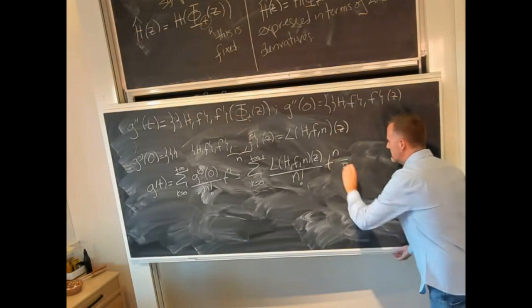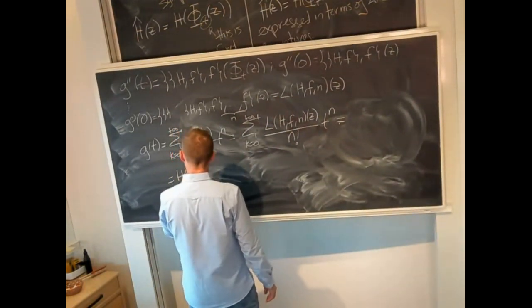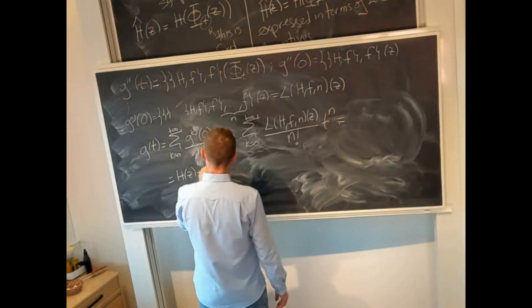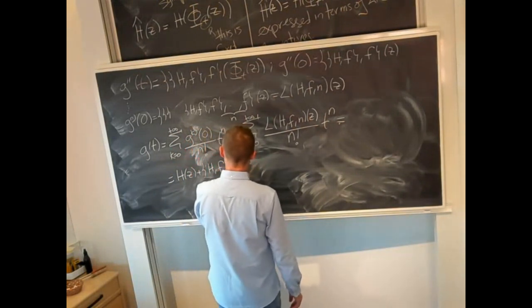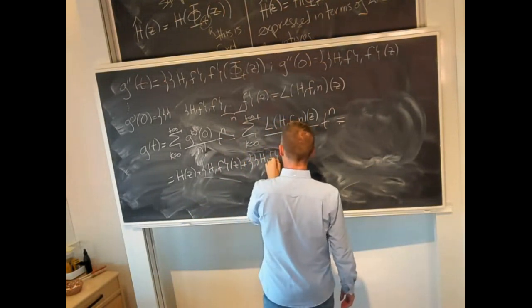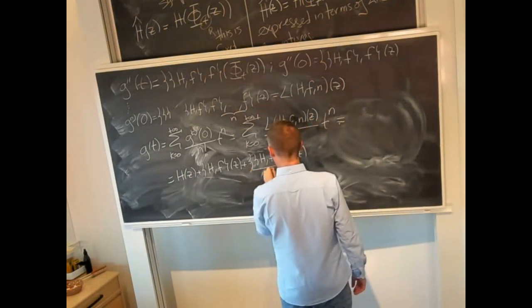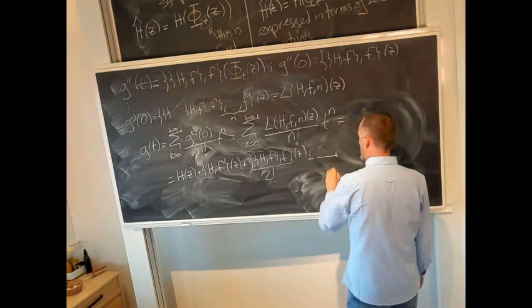So we can write the first terms: we have h of z plus the bracket of h and f of z plus the nested bracket of h, f, f of z over 2 factorial, plus and so on.